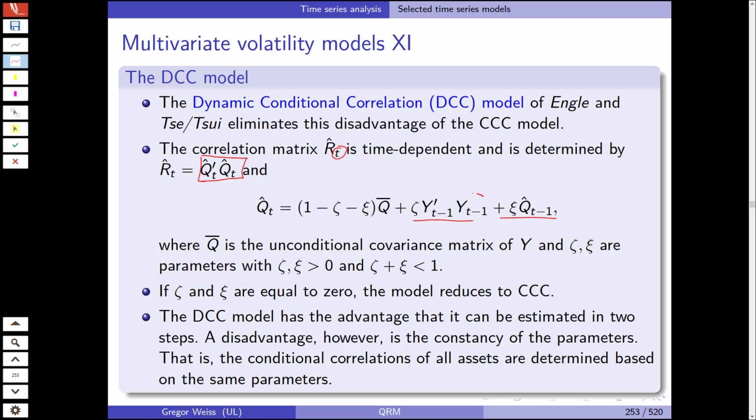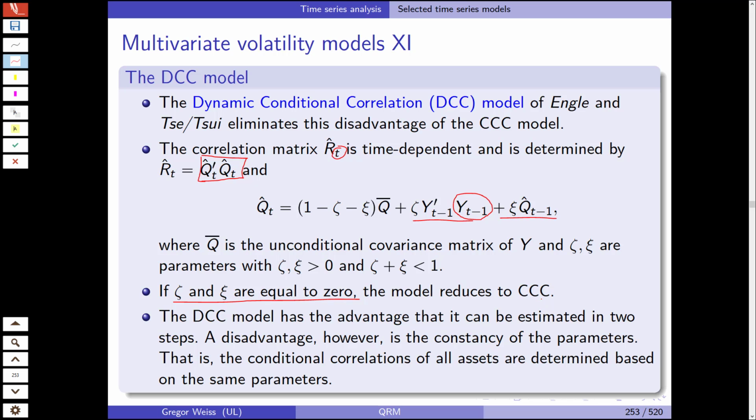As you can see, we have again the time series data, the time series itself in the process, and Q bar is the unconditional covariance matrix of the standardized residuals. And we have several parameters. If those parameters are equal to 0, the model reduces simply to the CCC model, so it's an extension.